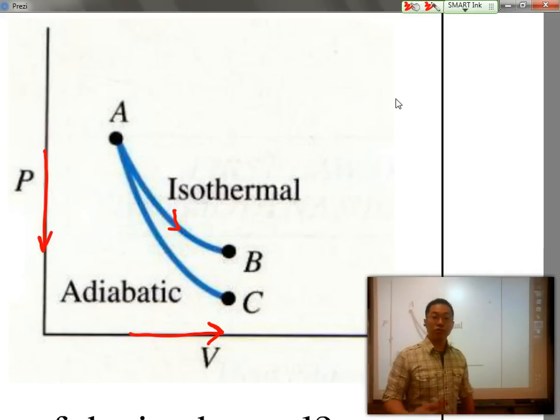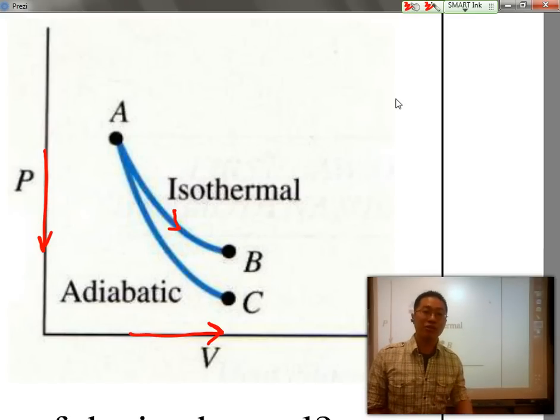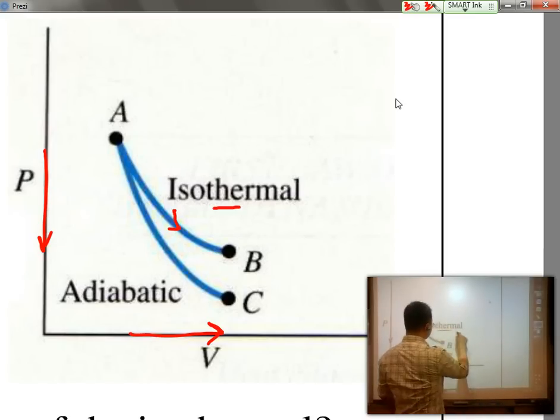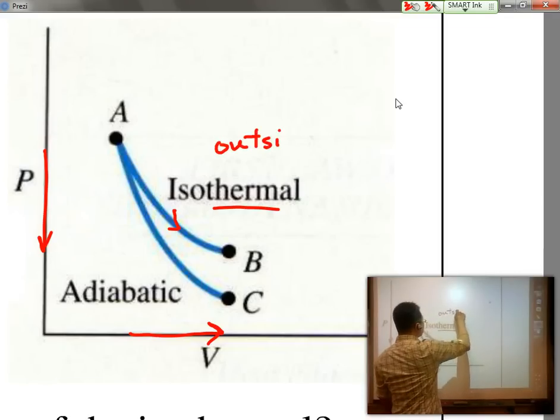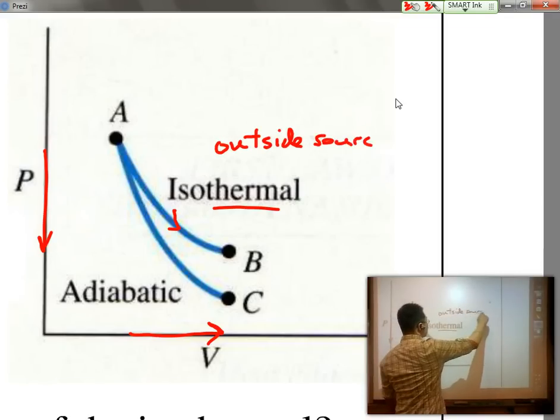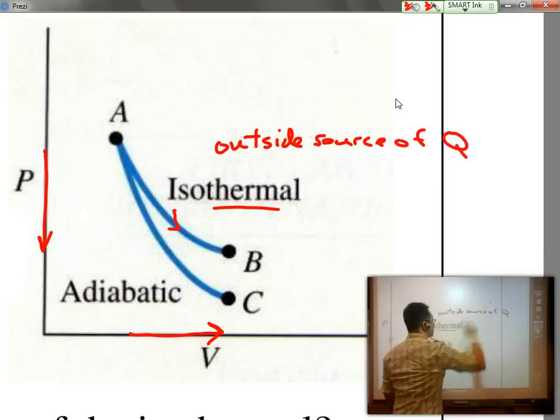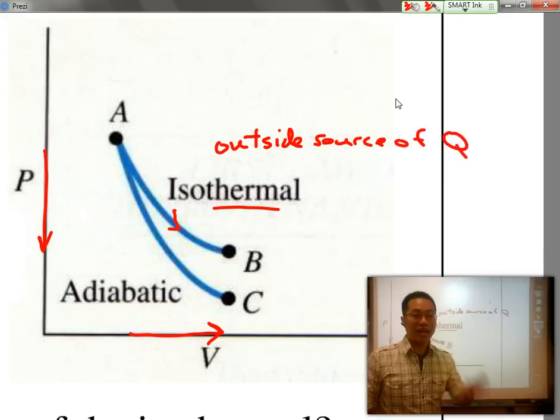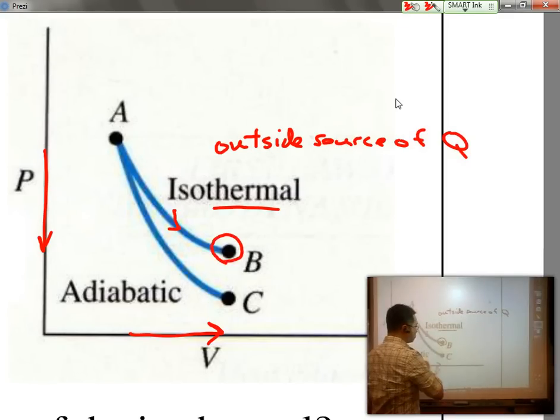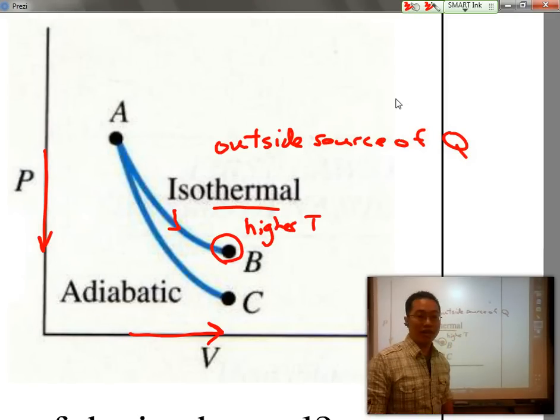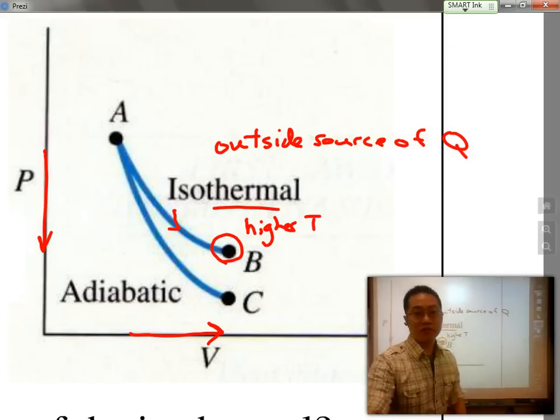And normally you would lose heat, perhaps, but with the isothermal, that means there's actually an outside source of Q that's heating up the gas and causing it to expand. So it ends up at a higher temperature than the adiabatic line would. Okay? So that's the main difference.